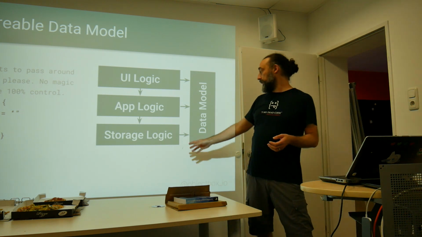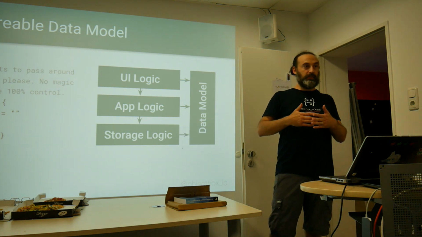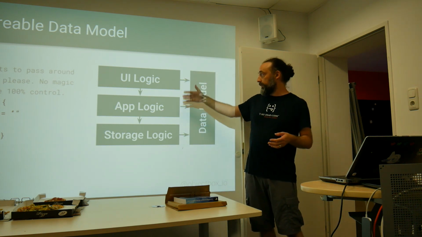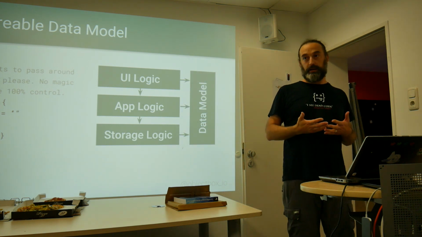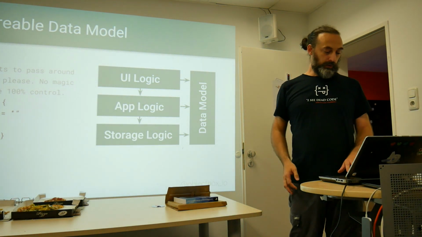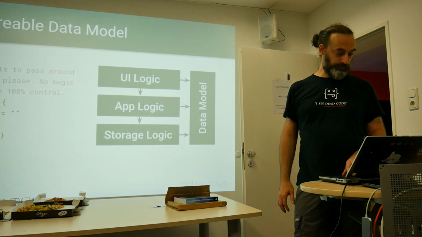And even, for example, storage logic might be a separate thread from your UI thread. You can just pass around those objects to that layer. So you don't have to do all those contexts at all.